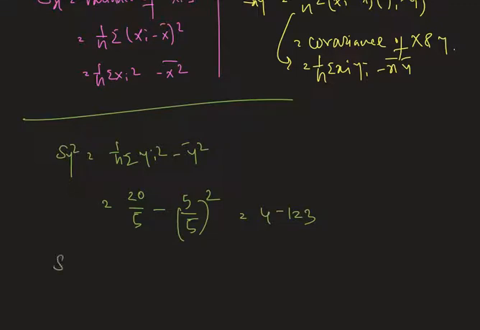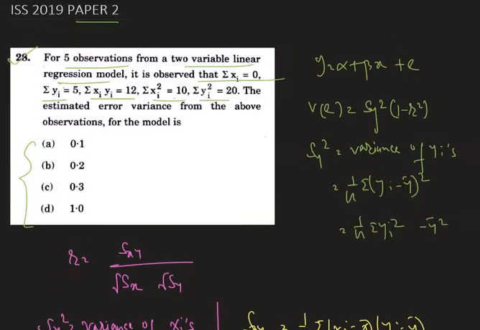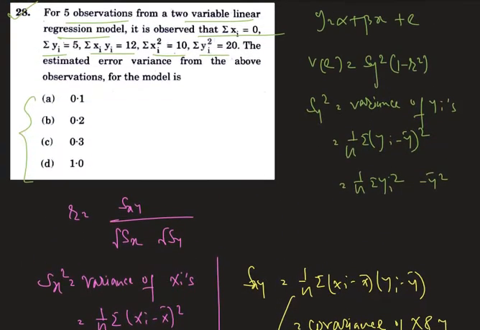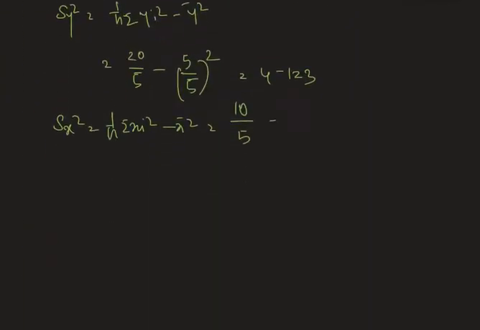Now the value of sx square is equal to 1 by n sum over xi square minus x bar square. Sum over xi square is 10 divided by 5 and the value of x bar is 0.